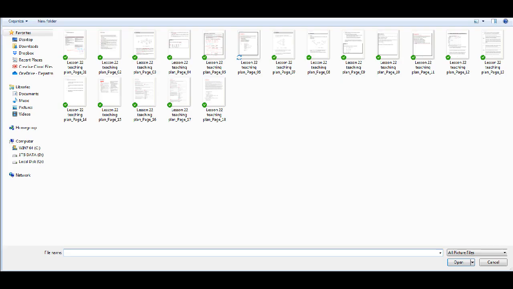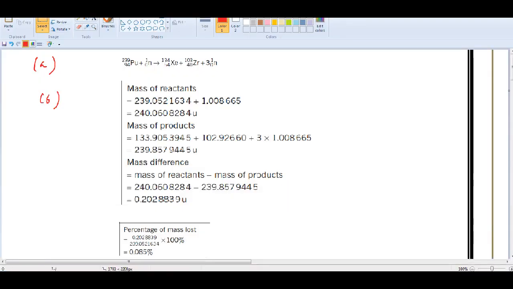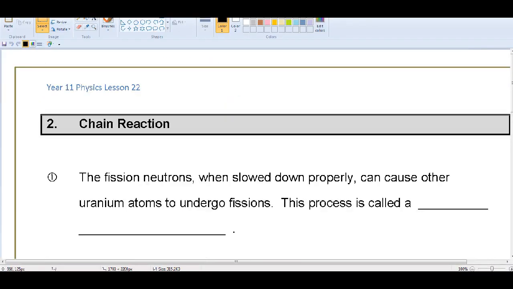No, most difficult calculation. Okay, so then we're going to consider another very famous idea about nuclear fission, the chain reaction. Chain reaction means one reaction followed by another.